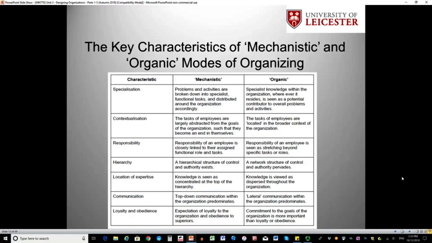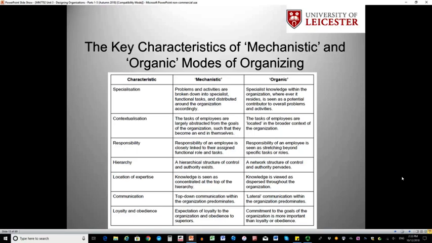So in a mechanistic organisation, you often have a very steep hierarchy with lots of levels of management, whereas in organic modes of organising, you have a much flatter hierarchy with lower levels of hierarchy, and I'm sure this is some of the things that Warren and Olga talked about in Module 1.